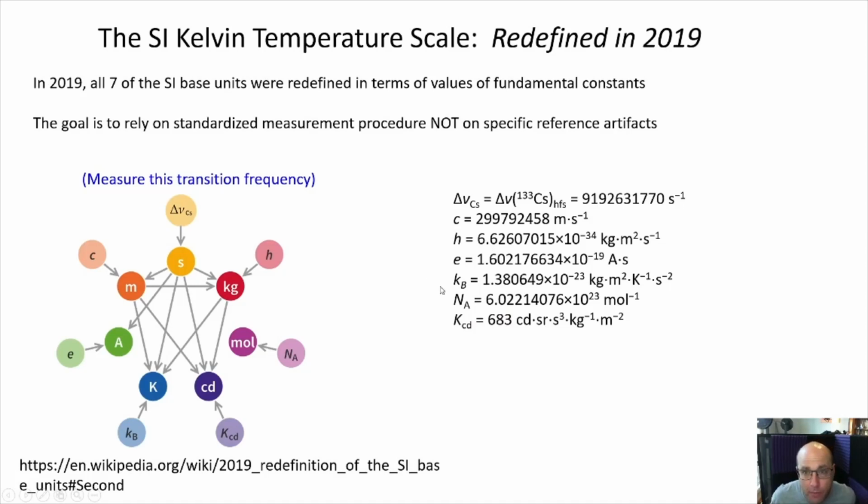But in the temperature scale in 2019, the whole scale is redefined basically by asserting that Boltzmann's constant has exactly this value of 1.38 blah blah blah times 10 to the minus 23 kilogram meter squared per Kelvin per second squared. Okay, you can read a little bit about this redefinition in a Wikipedia article.